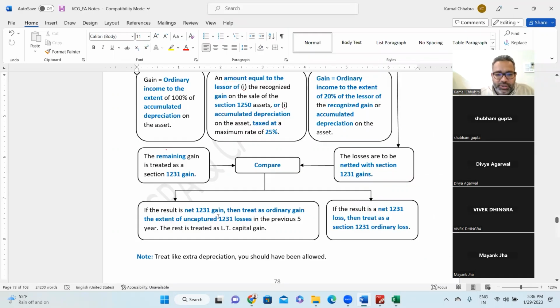If the net position is a gain, then treat it as ordinary gain to the extent of unrecaptured 1231 losses in the previous 5 years.